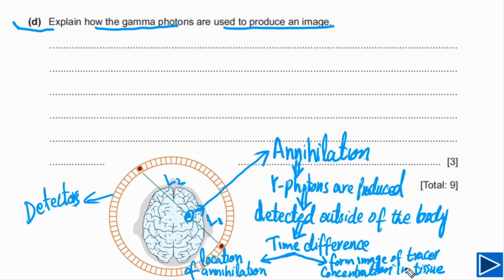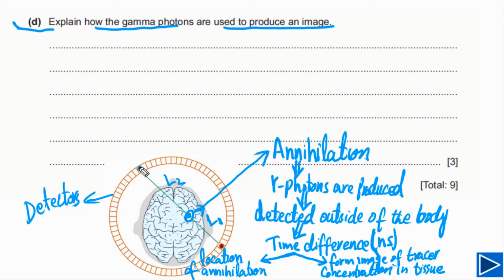So that's all we need to understand about how we can use gamma photons to produce an image. The time difference is in nanoseconds, and this is done by the computer. With the help of the time difference, we can locate the position of annihilation and also form an image of tracer concentration in the body of the patient, in tissue.